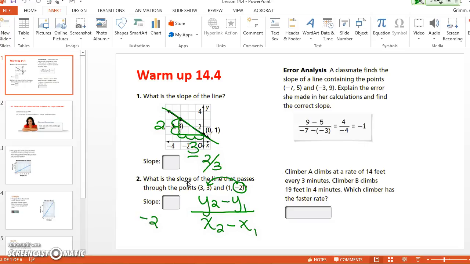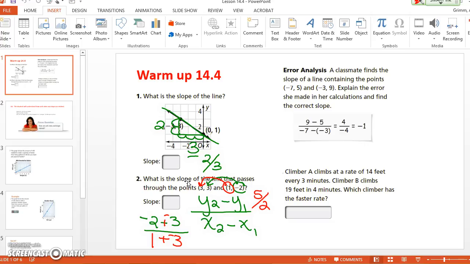So it's -2 minus 3. And then for the x, I'm saying 1 minus 3. So this would give me -5 over -2, and a negative over a negative makes a positive. So this is +5 over 2, or 5/2.